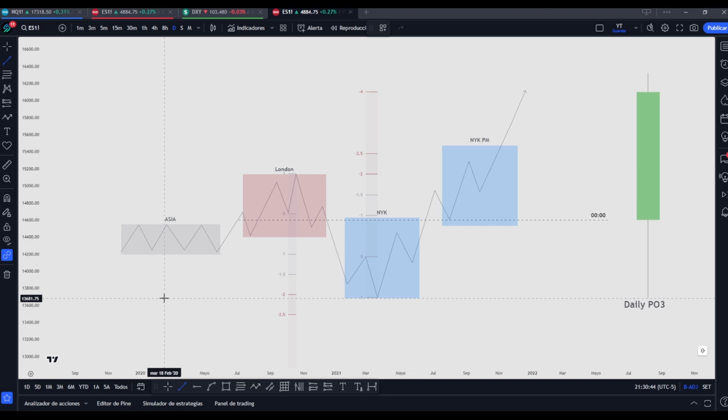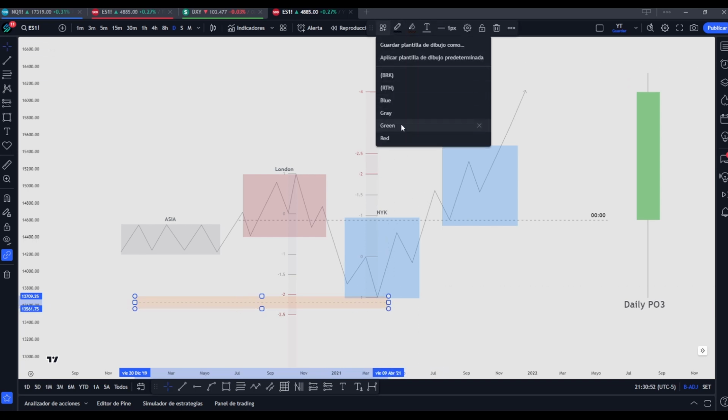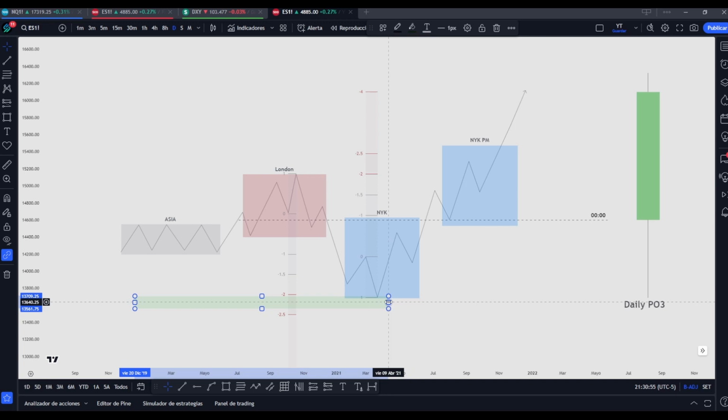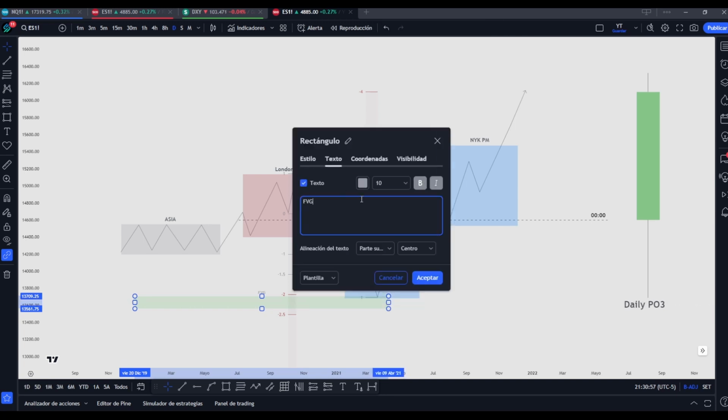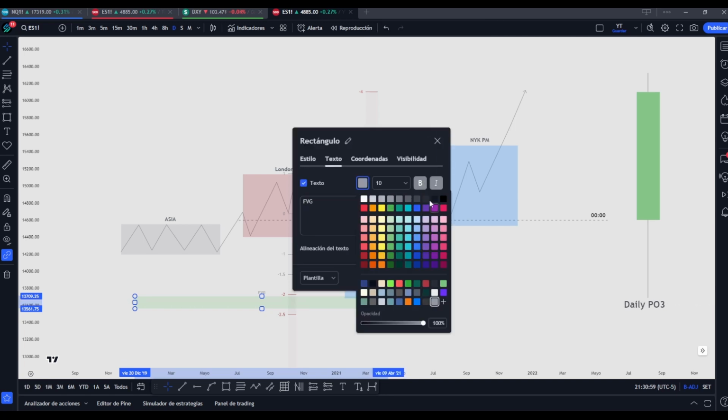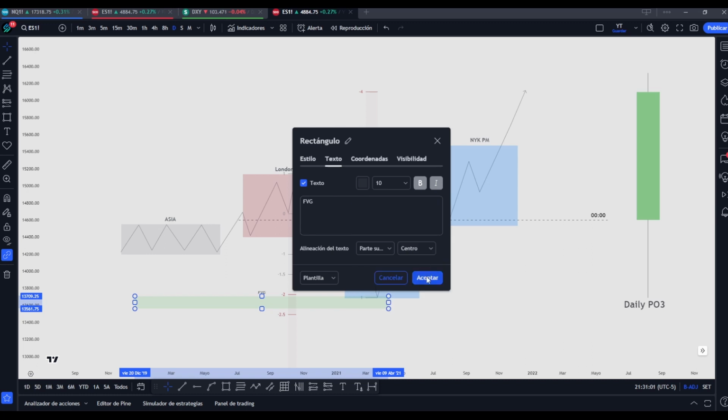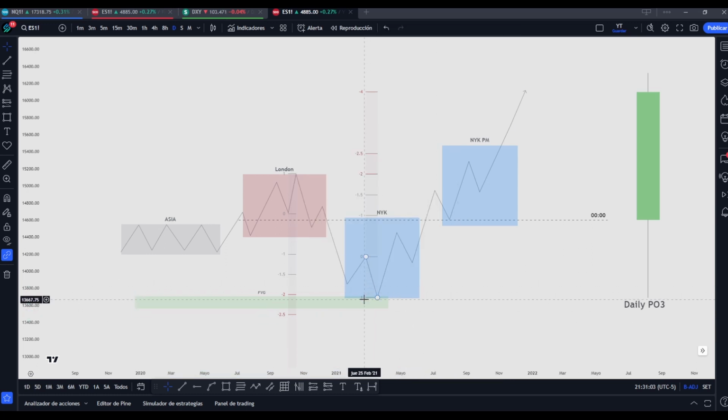We will be searching here for some sort of PD array, in this case some sort of fair value gap, say. After we tap into it and complete our manipulation measure, we will now be expecting our distribution.